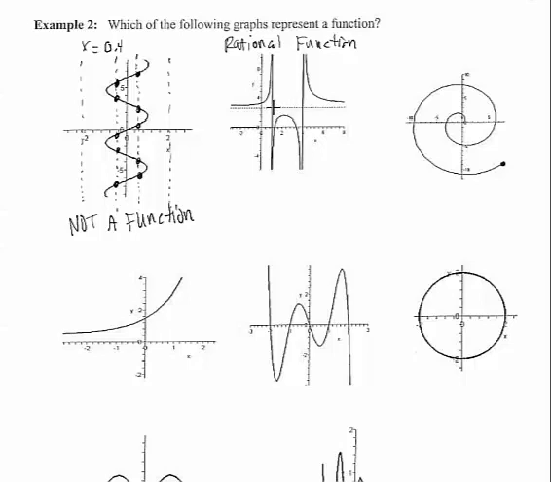In this case, they are actually vertical asymptotes. VA, vertical asymptotes.